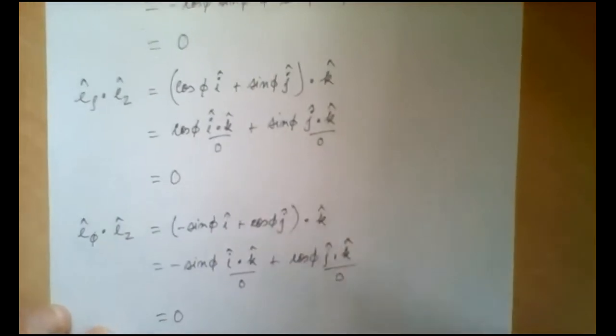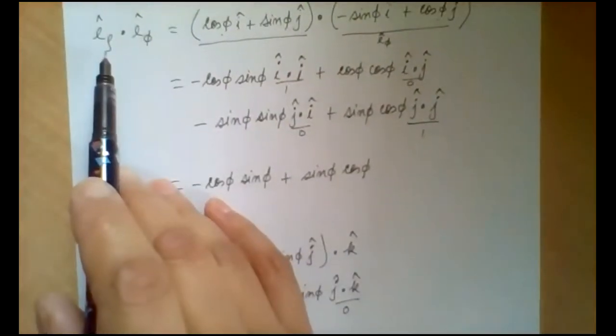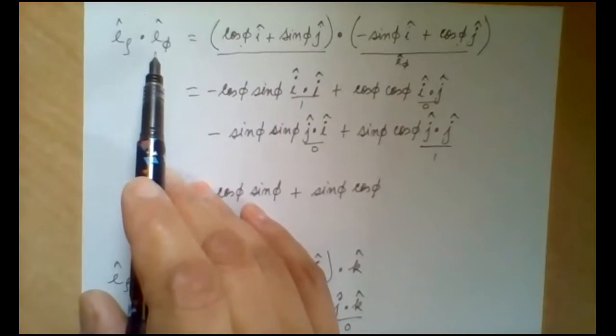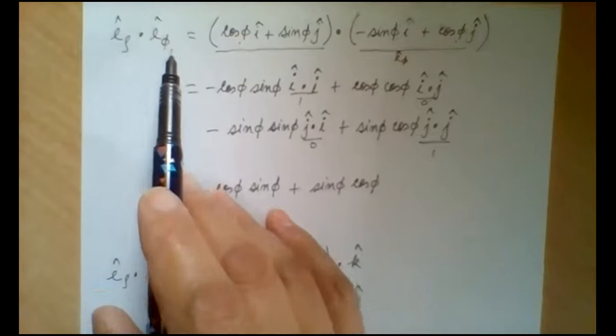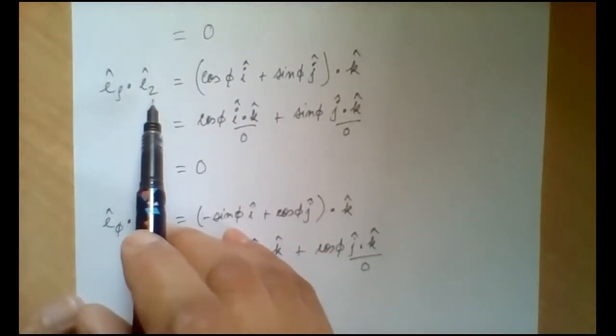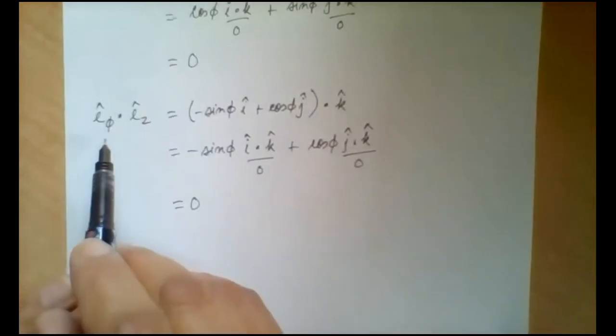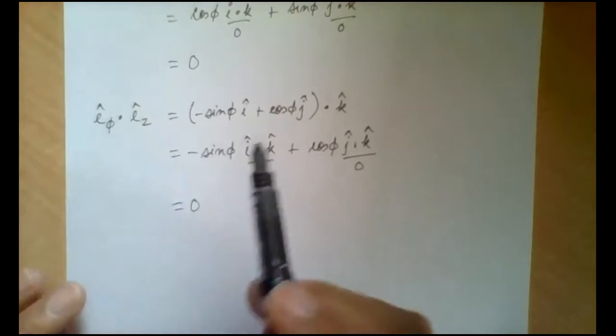So this is also 0. So what have we proved? We have proved that E rho is perpendicular to E phi. That is, the unit vector along the rho curve is perpendicular to the unit vector along the phi curve. The unit vector along the rho curve is perpendicular to the unit vector along the z curve. The unit vector along the phi curve is also perpendicular to the unit vector along the z curve.